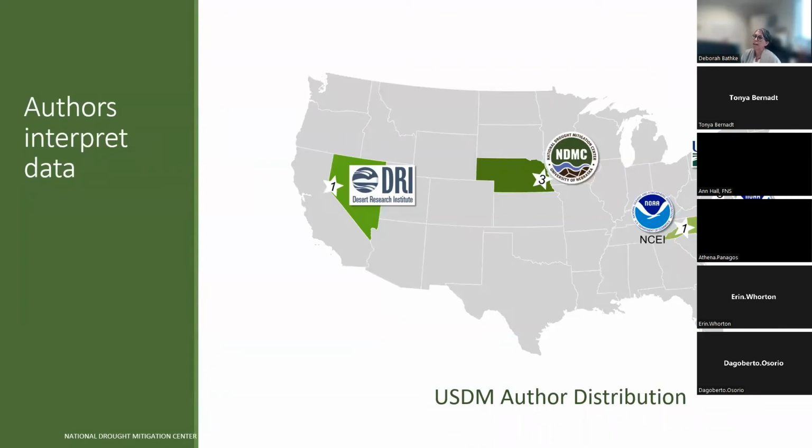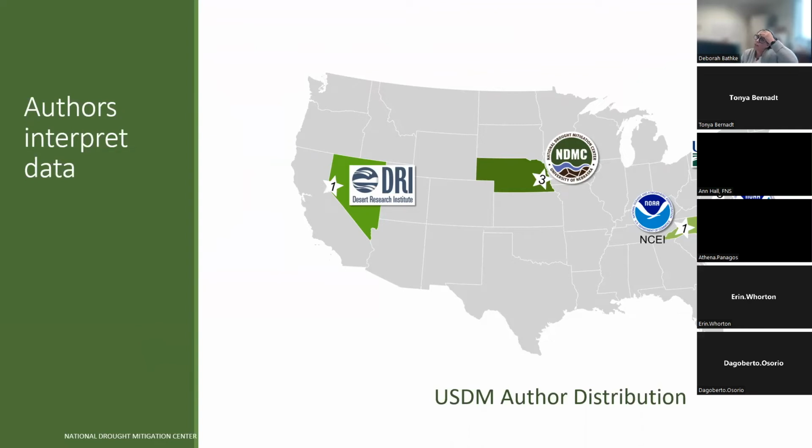Currently, we have 9 authors for the map. This shows the locations. We have 3 of us here in Lincoln at the National Drought Mitigation Center. We also have an author at the Desert Research Institute in Nevada and National Centers for Environmental Information in North Carolina.